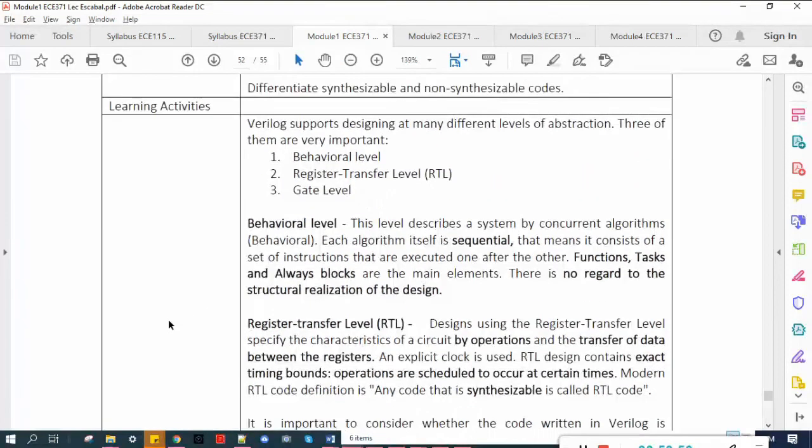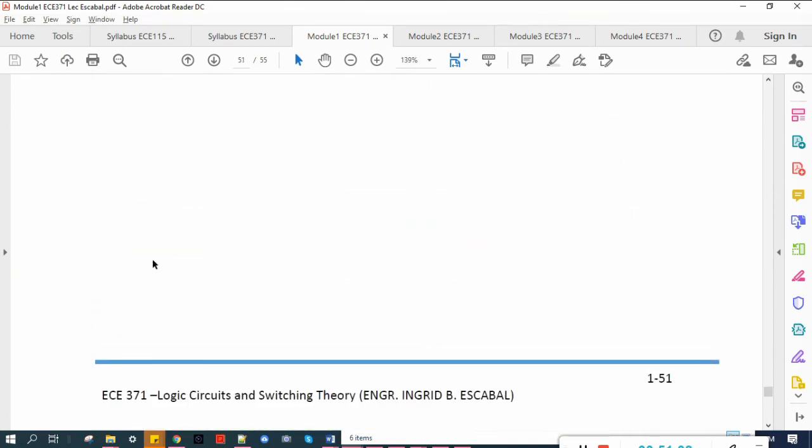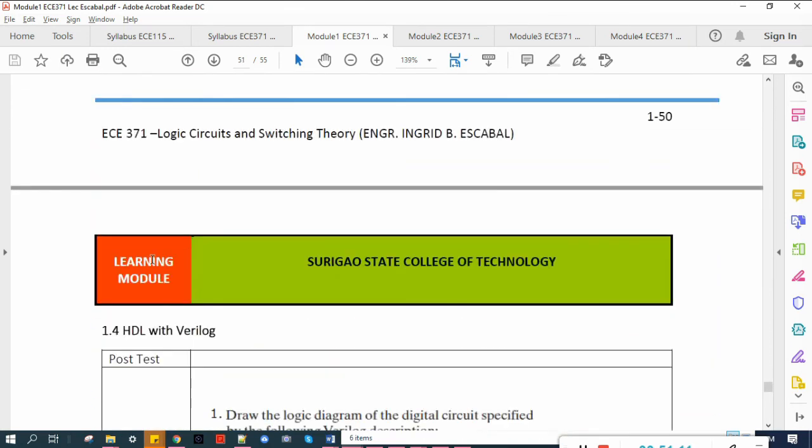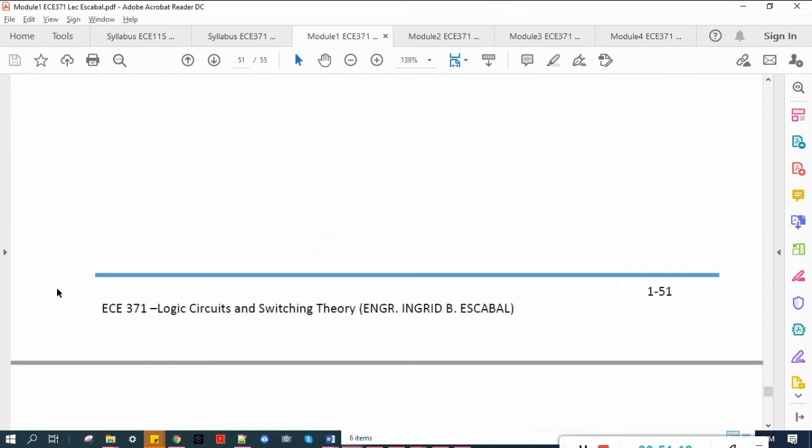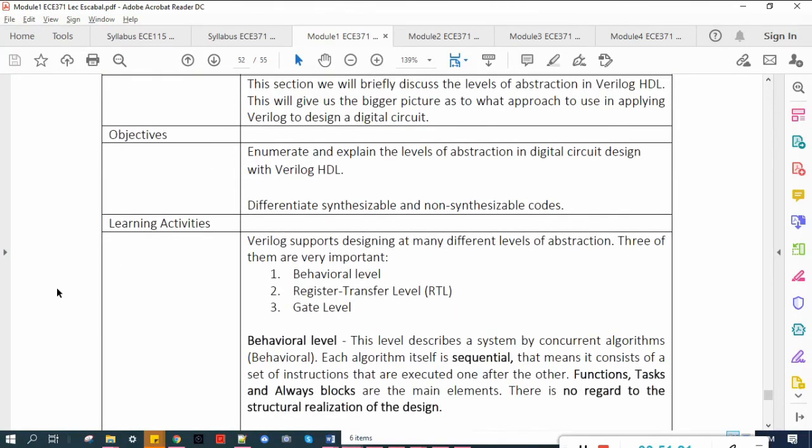Gate level, this is done automatically by the software tools already. The examples that we did actually are these examples where we use and, or, and not gates. That's an example of a gate level abstraction.